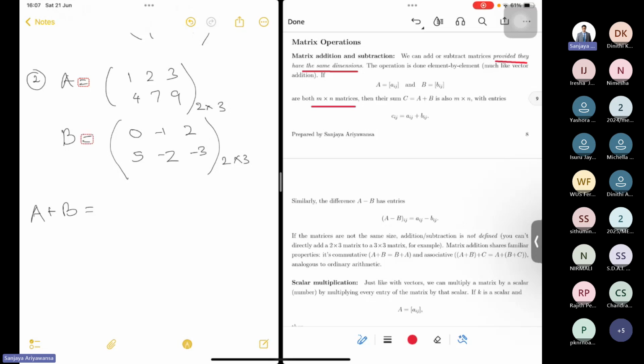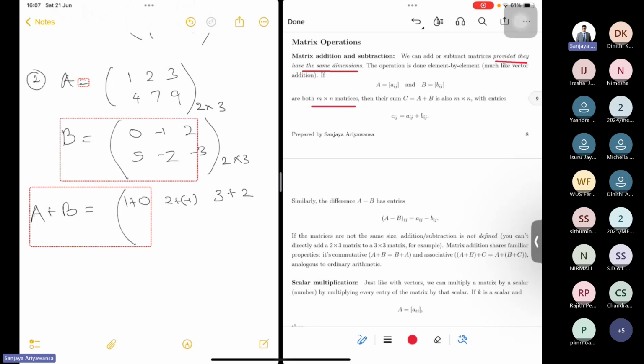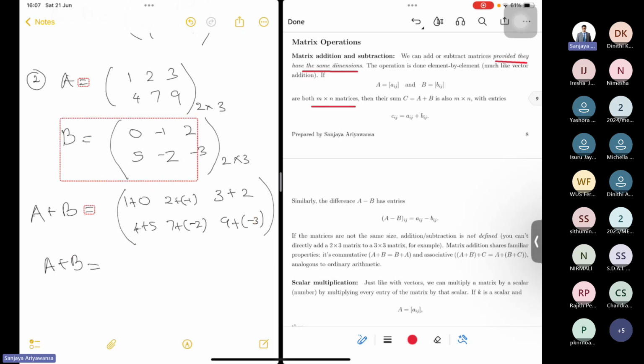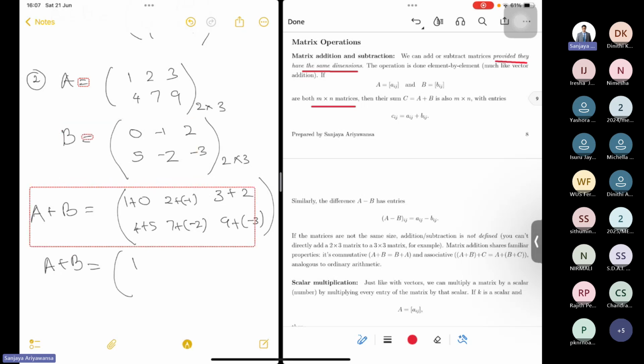So A plus B would give me 1 plus 0 is my first element, 2 plus minus 1 is my second element, 3 plus 2 is my third element, and then 4 plus 5, 7 plus minus 2, 9 plus minus 3. So A plus B, I can add them because they have the same dimensions. I have 1 here.